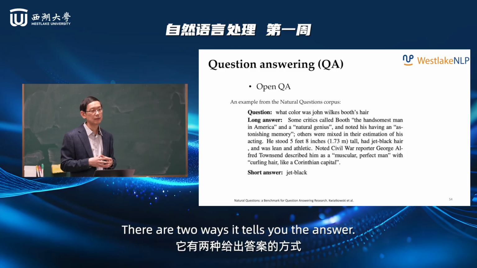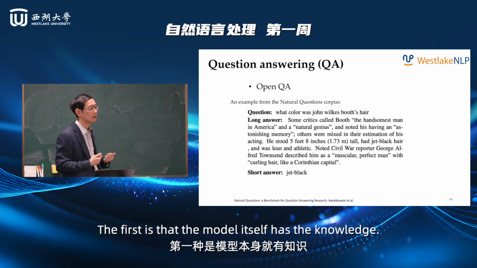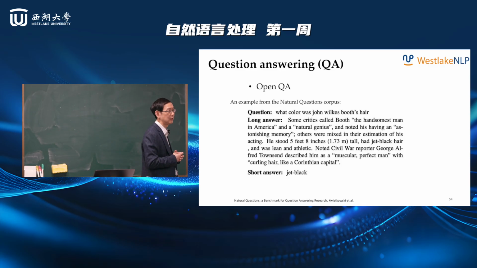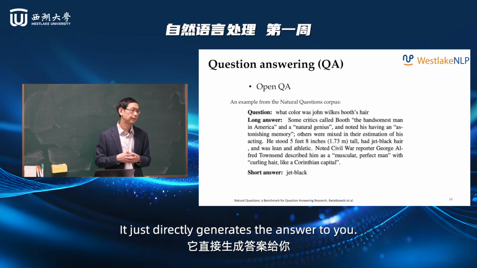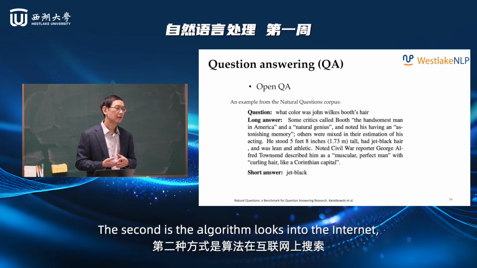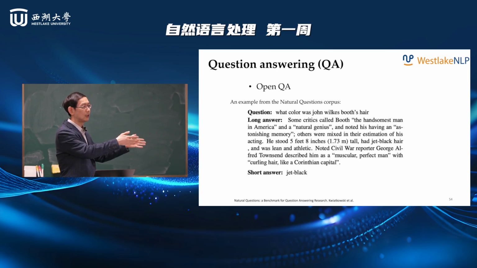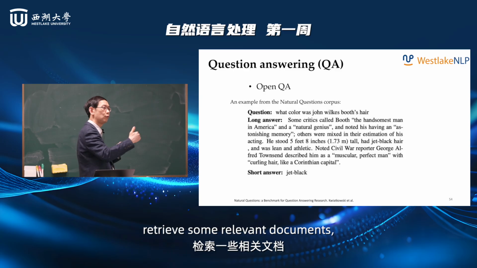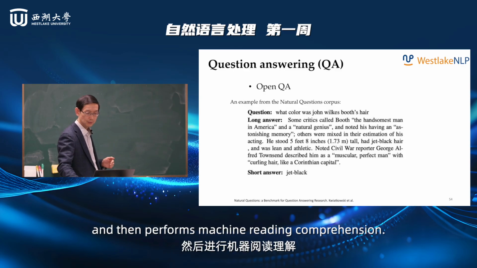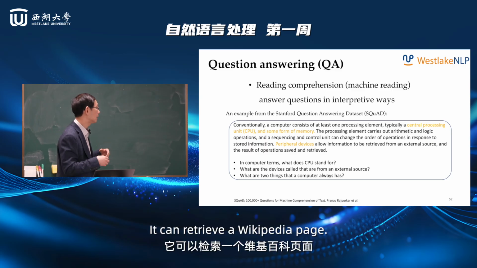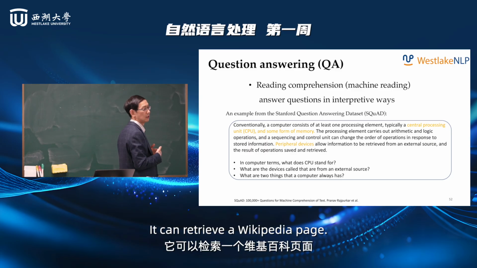There are two ways it tells you the answer. The first is that the model itself has the knowledge. It just directly generates the answer to you. The second is the algorithm looks into the internet, retrieves some relevant documents, and then performs machine reading comprehension. For example, it can retrieve a Wikipedia page.